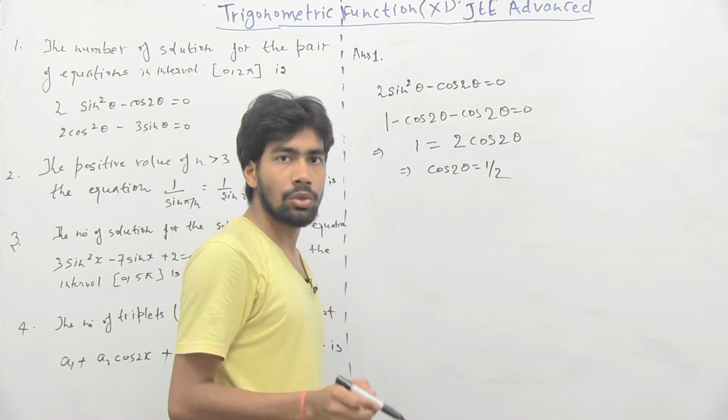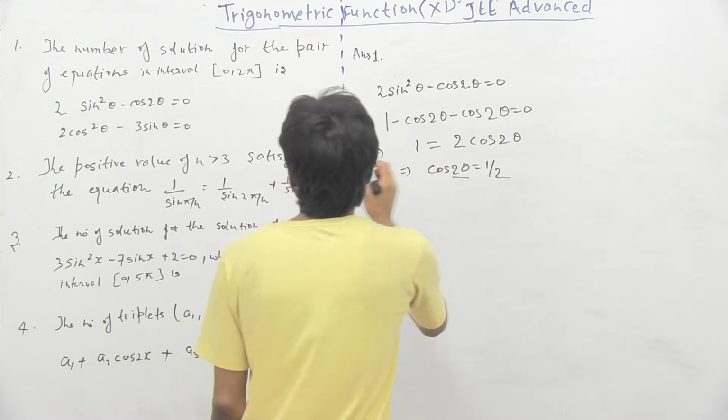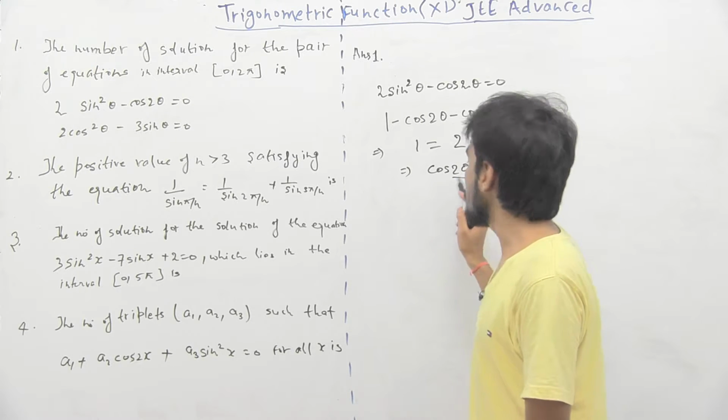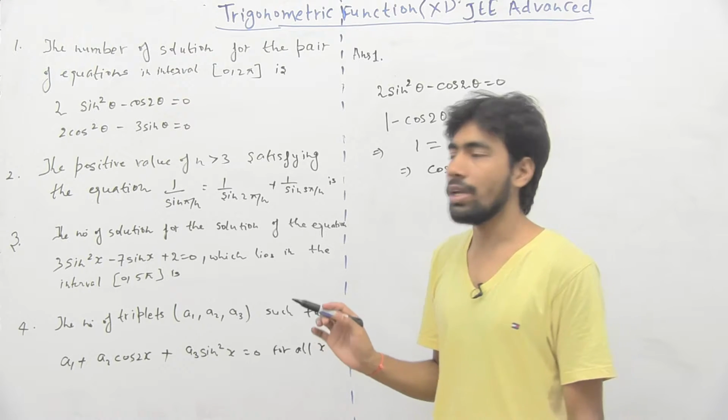Cos 2 theta equal to 1 by 2, and here it is given that theta is in the range of 0 to 2 pi, so 2 theta will be in the range of 0 to 4 pi.